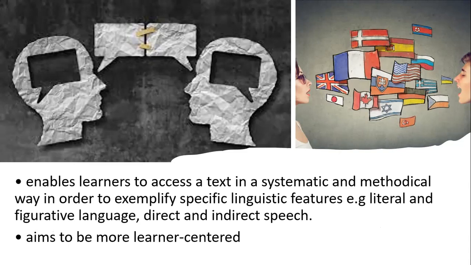It also aims to be more learner-centered. So kung ang cultural model po, it is an input from the teacher. When we say language model naman po, it aims to be learner-centered. Why? Because we allow our students to pay attention to the usage of language in the text, meaning an increased general awareness of the student with regards to the English language.